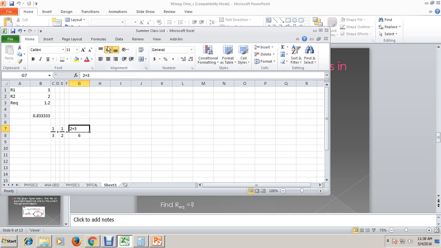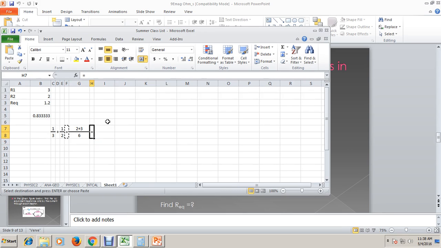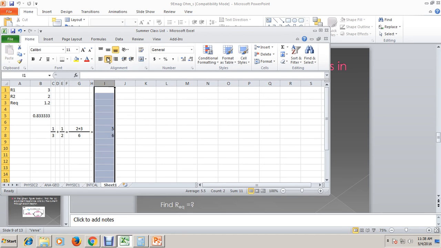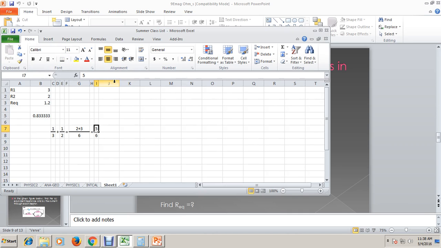So you have the numerator equal to 5. Of course, this is equal to 5 over 6. Okay, so 5 over 6 is in fraction form.